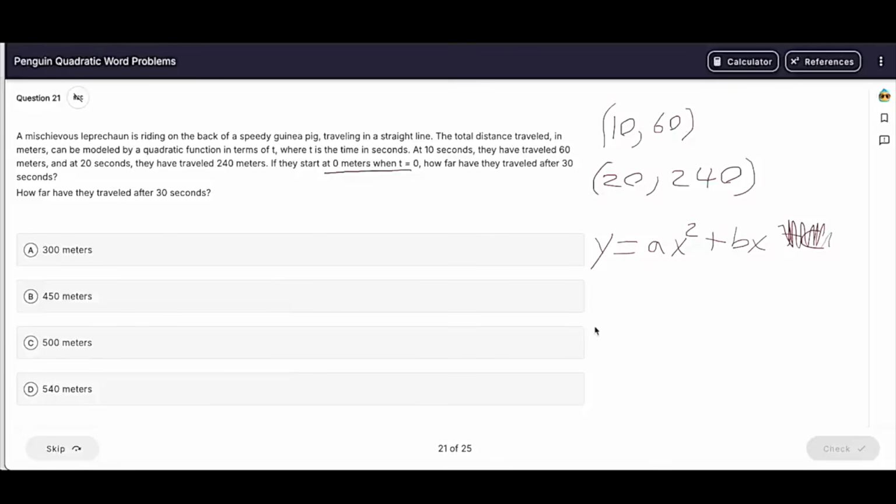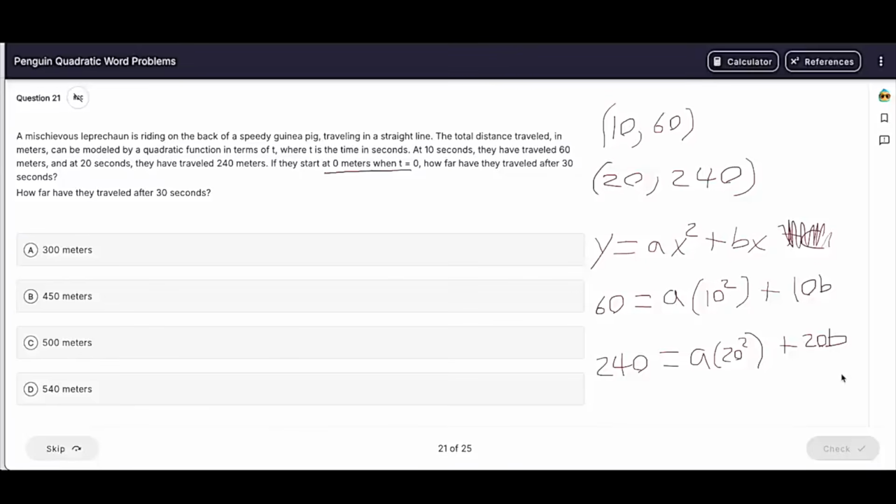So we have one point, which is 60 equals a times 10 squared plus 10b. And then we have another point, 240 equals a times 20 squared plus 20b. And now you can see we've actually got a system of equations. And we could definitely use like substitution or elimination here.